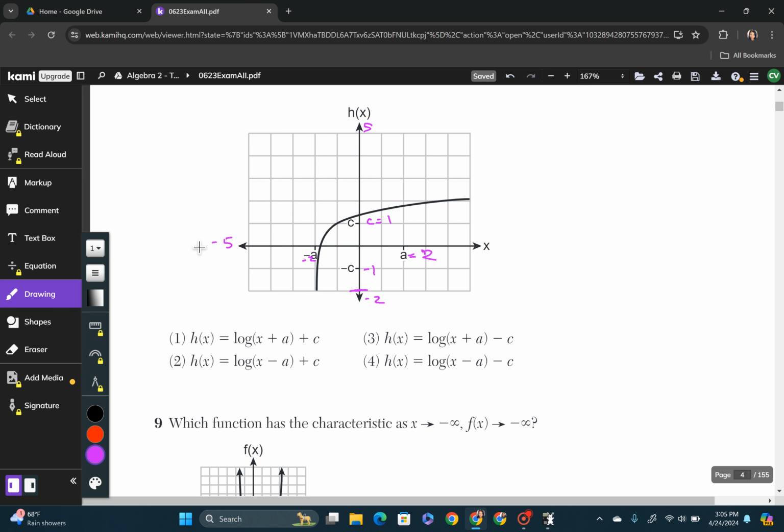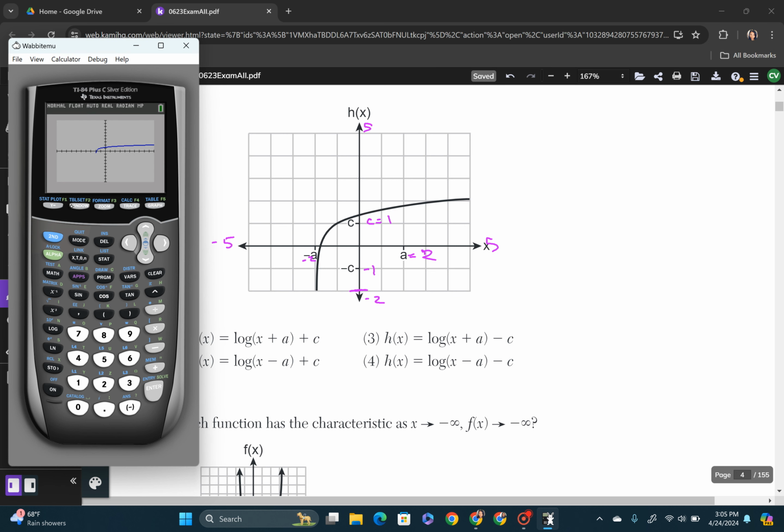So from -5, and it looks like to 5. So I'll hit my window and I'll match it, right? So my x min is -5. You see what I'm doing? I'm trying to get it to match exactly. My x max is +5, and I'm going to go down to my y. My y min is -2, and my y max is 5. Okay, and then I hit enter.